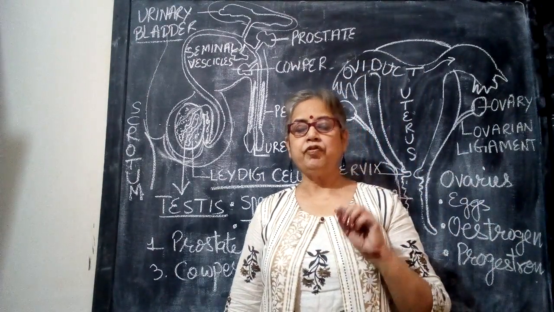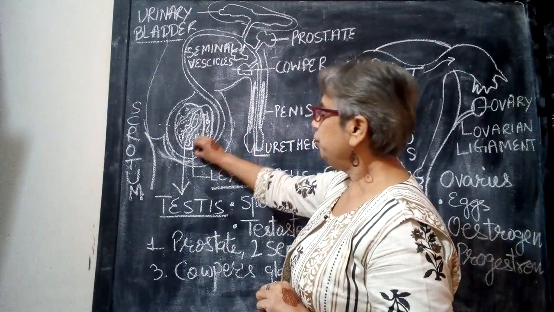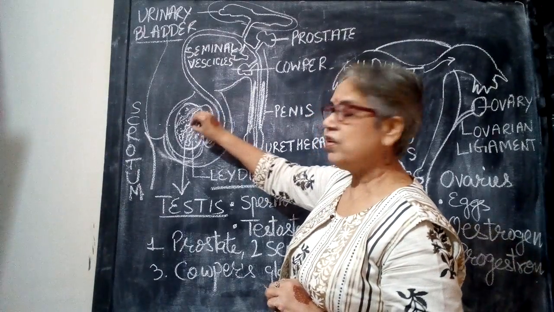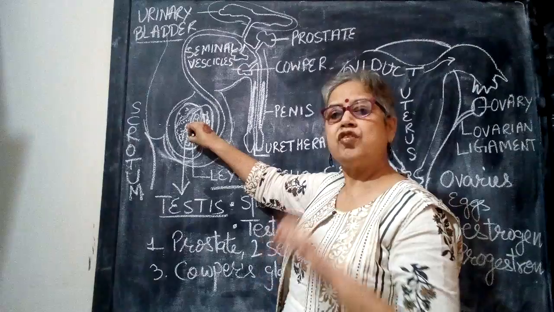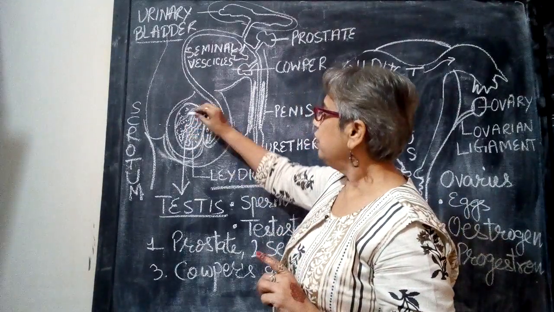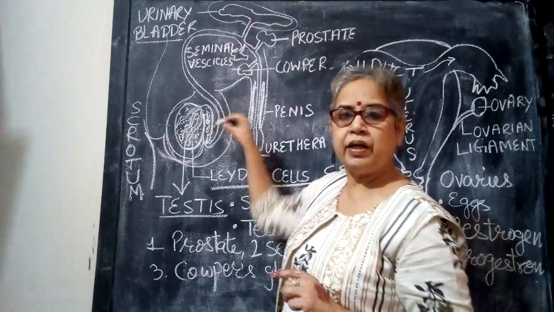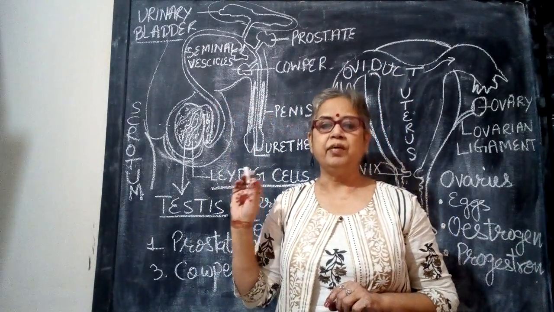That is essential for the quality of sperms. So, inside the scrotum, testes, inside the testes, seminiferous tubules, inside the seminiferous tubules, spermatogenesis takes place. The sperms produced are stored here in the cap-like structure on the testes called epididymis.